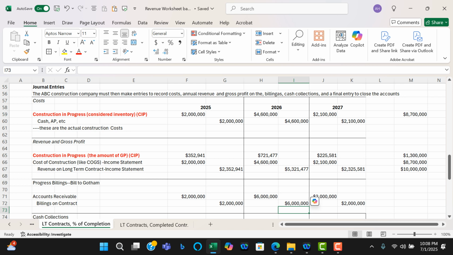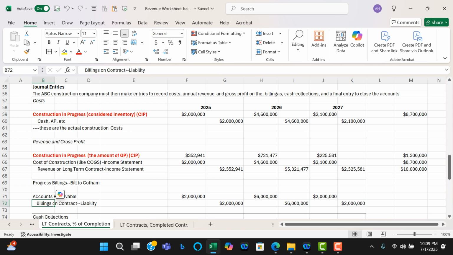So accounts receivable, I think everybody knows what accounts receivable is. Now this one right here, billings on contract, is in a sense considered to be a liability. I'll show you what you do with it on the balance sheet at the end. Consider that to be like unearned revenue. You're billing the city for a job you have yet to complete.